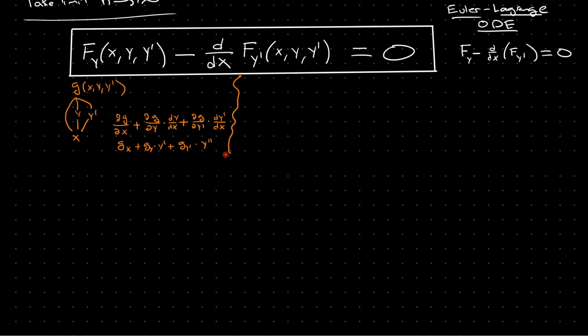So in the brachistochrone problem, the function f does not depend on x, so it makes the x partial derivative here equal to 0. Which means if gx equals 0, then the derivative of this expression with respect to x is just gy times y prime plus gy prime times y double prime.